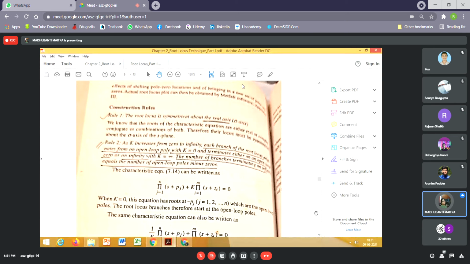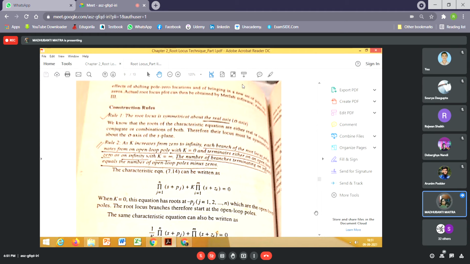So what is this rule all about? As we vary the gain k from 0 to infinity, when the value of gain k is 0, for an nth order system, n number of root branches will originate from n number of open loop poles.